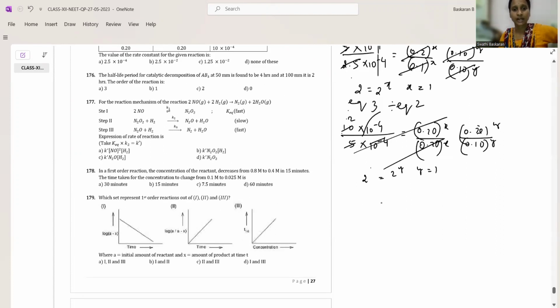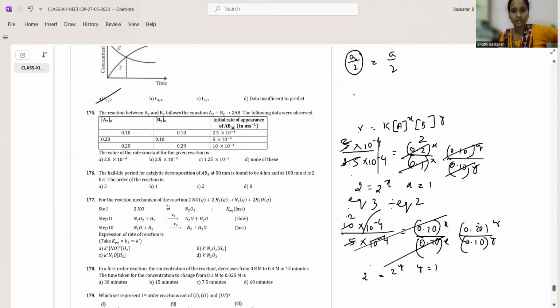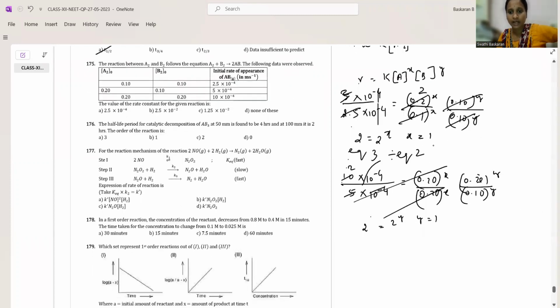So hence we will write, how do we write a rate? I will write here. So rate is equal to K into A2, and we calculated the value of x to be 1, and y also to be 1.